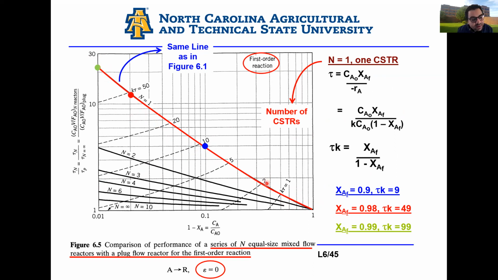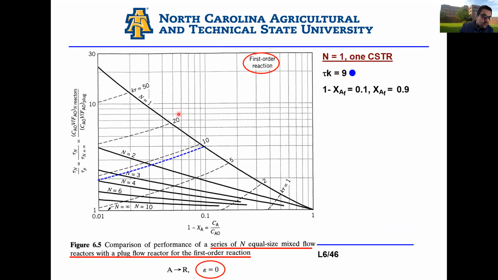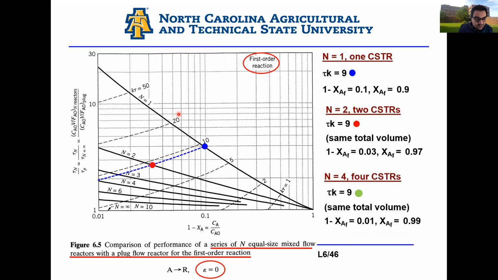And the idea here is that if I want to move to the left of my x-axis to increase my conversion, instead of using a larger CSTR, you're always better off using a bunch of CSTRs in series, right? So instead of going along this line this way, I'm always better off going along this blue line this way by dividing this CSTR into a bunch of smaller CSTRs.